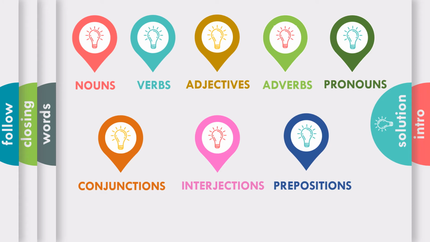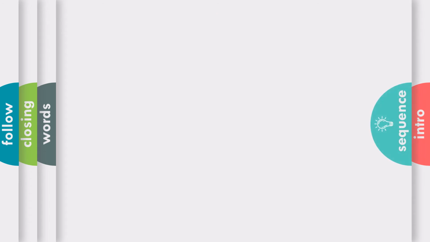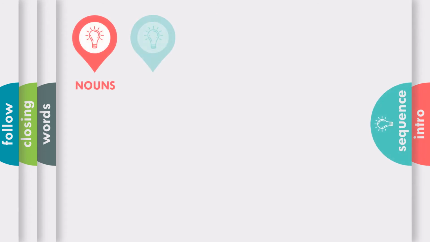The first words to teach are the nouns and the verbs. Now, first graders can easily learn the concept of naming words and doing words. So give children plenty of practice with nouns and verbs before going on to another part of speech.